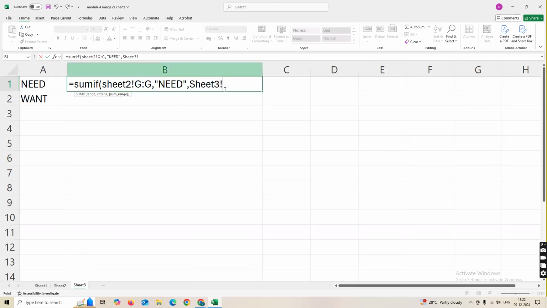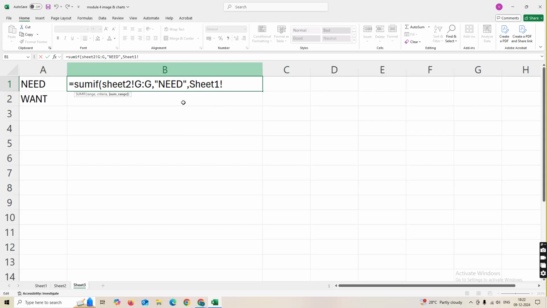Now here, as soon as I click, it takes it automatically. Okay, it's not sheet 2, sorry, it's not sheet 3. I'll update it. Again, we are going to sheet 1.